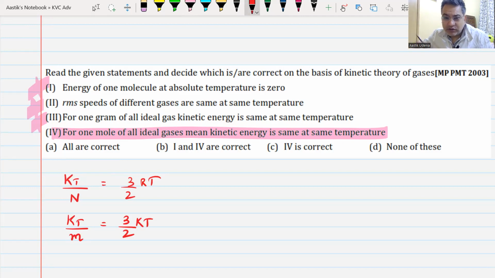You divide it by the molecular mass, but then molecular mass will come in and therefore kinetic energy per gram will not be the same. Only per mole and per molecule it is the same, not per gram of the gas. We understood, sir.